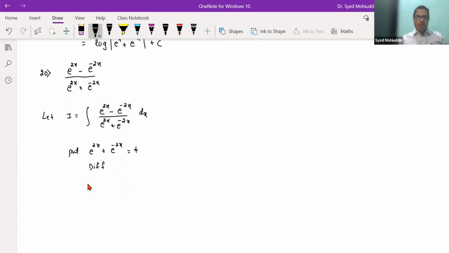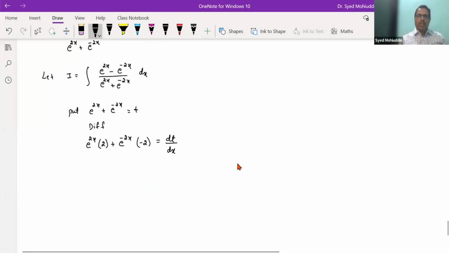So derivative of e power of 2x will be e power of 2x into differentiation of 2x, which is 2, plus differentiation of e power of minus 2x, which will be e power of minus of 2x into minus 2. Then differentiation of t with respect to x will be dt by dx.